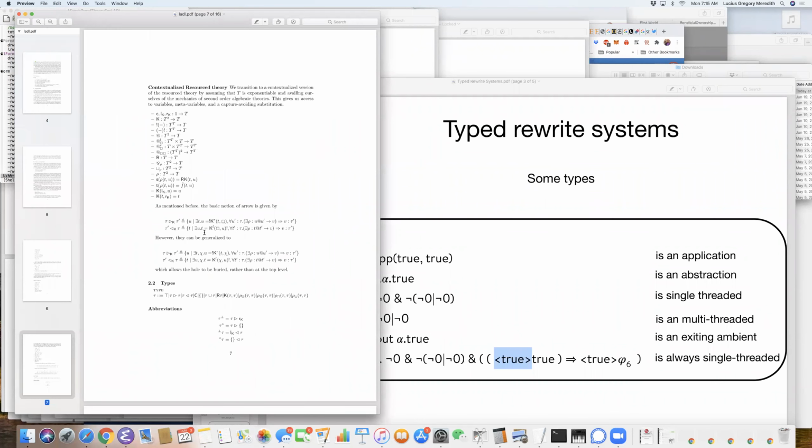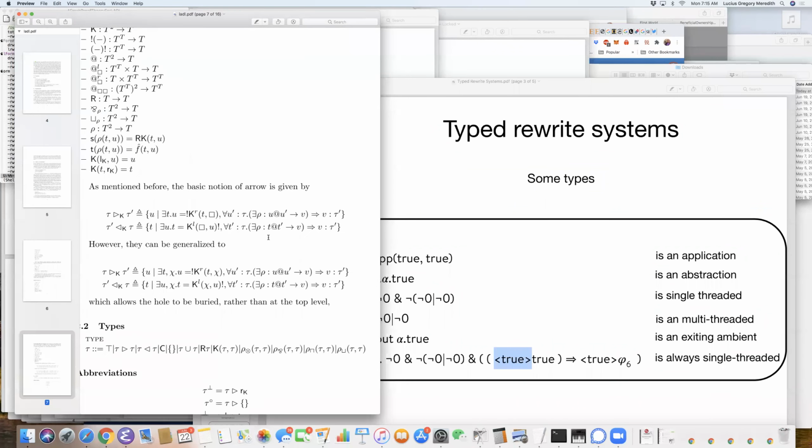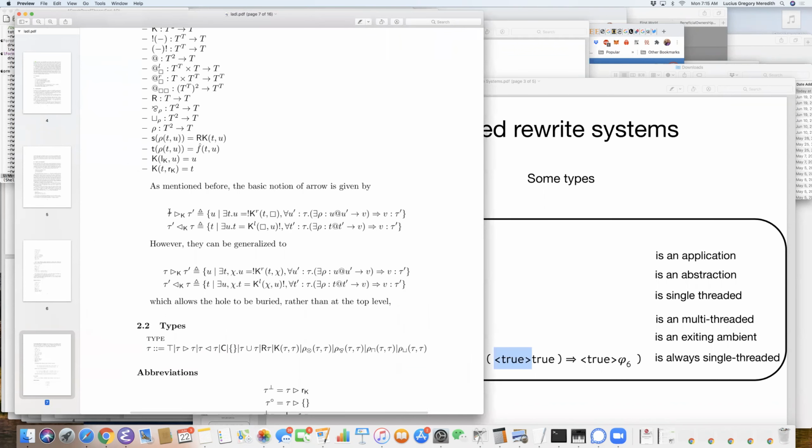Okay, so here's what I mean by an arrow type. I've put this definition on screen several times before. So here's the arrow. Basically what it says is it's all the contexts such that when you apply the context to something that's of type tau, if it evolves to some term v, that term is in tau prime.